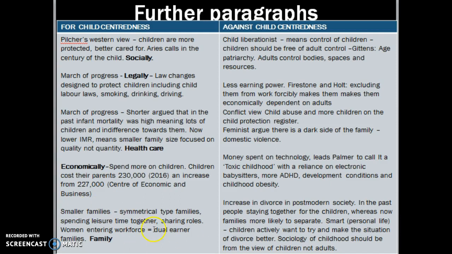For example, the rise in symmetrical families that you would have seen in topic 1 with the division of labour, and the rise of symmetrical families and dual earner families. Likewise, there's also been a change in birth rate and infant mortality rate, which is from demography, and also the increase in divorce. So don't be scared of making links, especially if they logically fit.